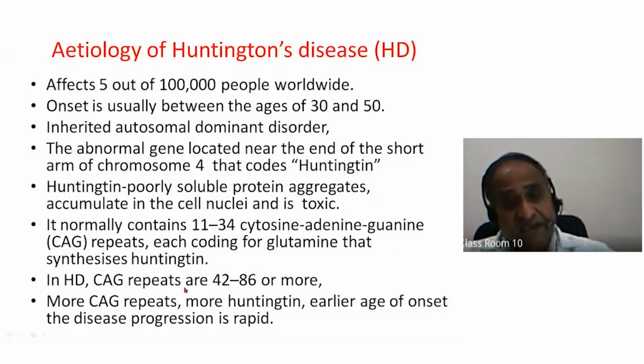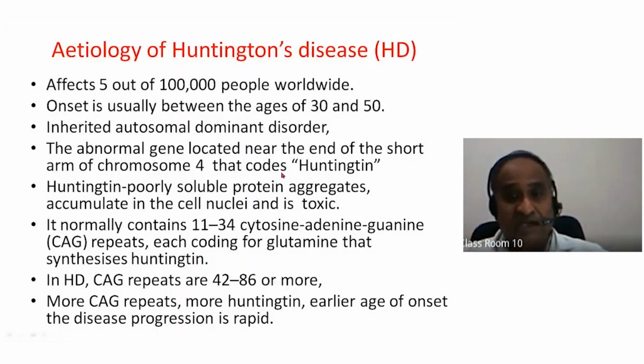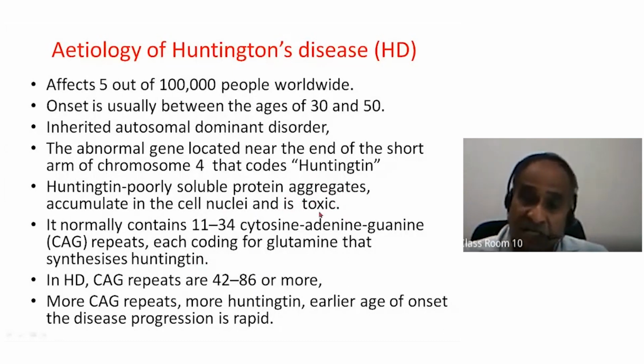If the CAG repeats are greater than 40, sometimes they may exceed as high as 80 or even 100. When those repeats are more, as happens in Huntington disease, a large amount of huntingtin is produced and accumulated or aggregated in the basal ganglia area, or even the areas with GABAergic neurons and acetylcholinergic neurons.